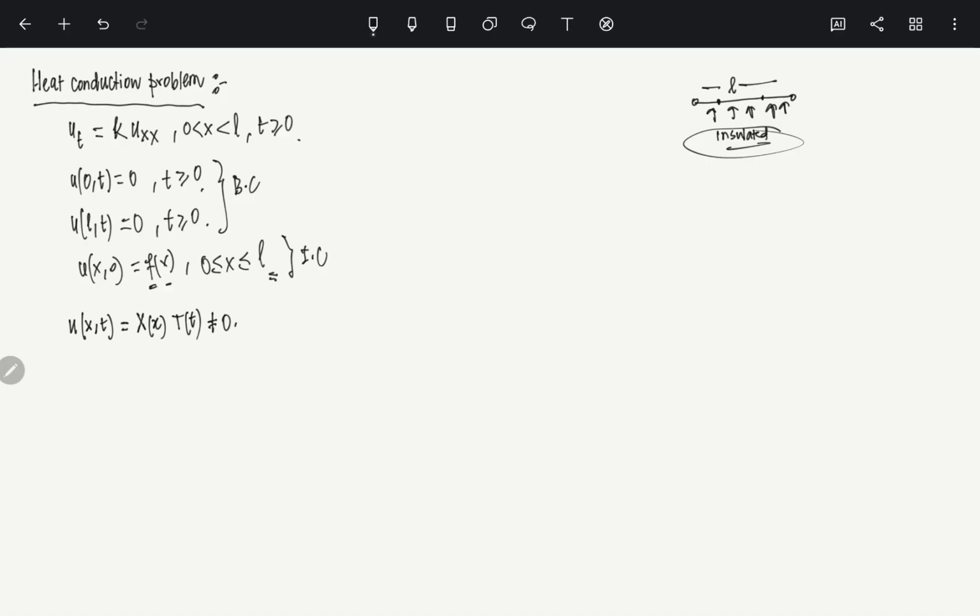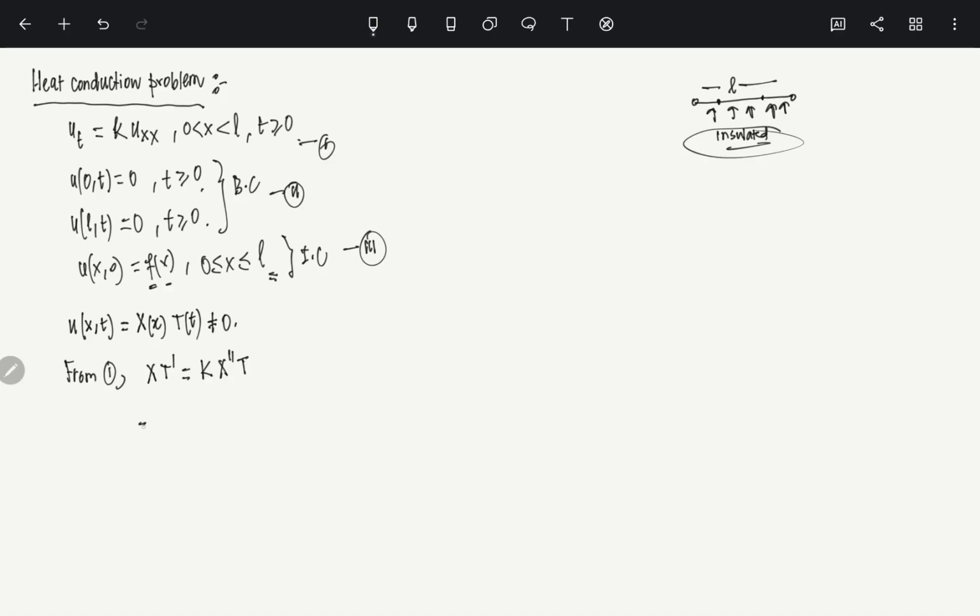Let's call this 1, the boundary conditions 2, and the initial condition 3. From 1, we have X T prime equals k X double prime T. We just differentiate and put it in 1.